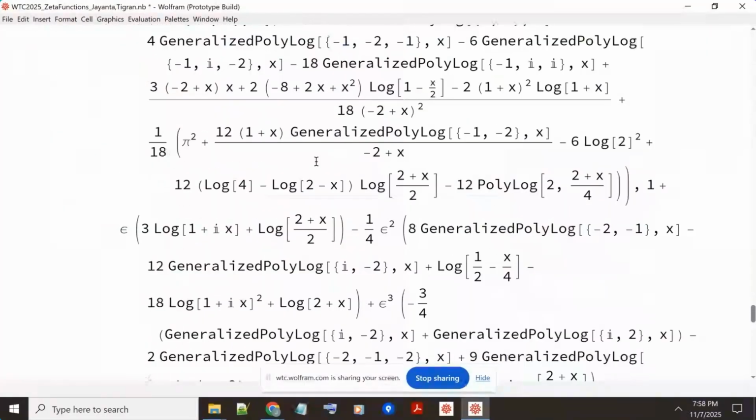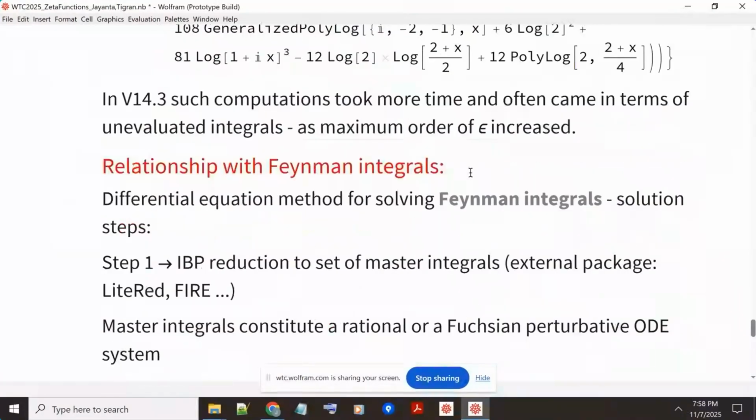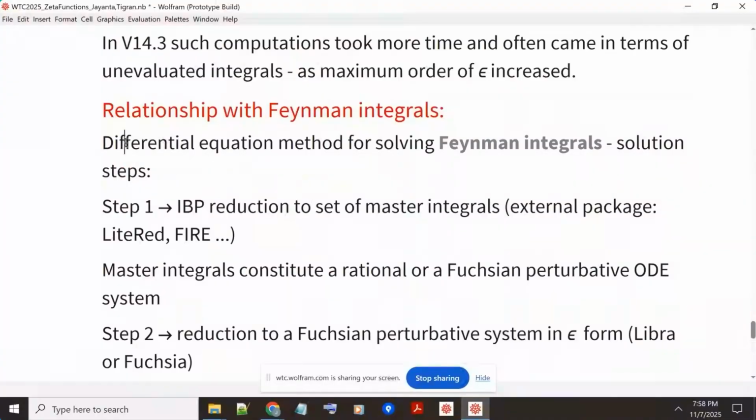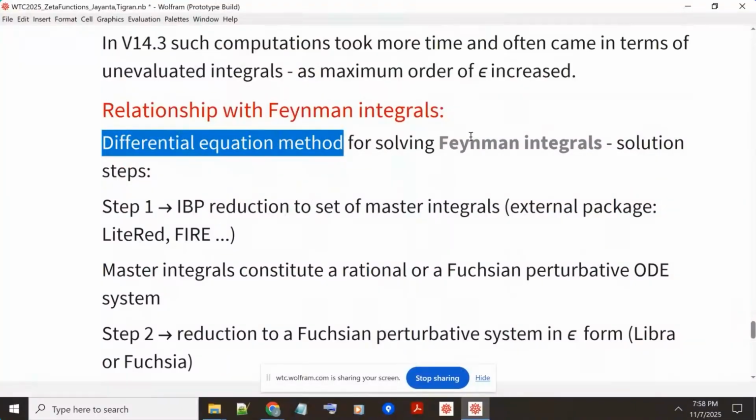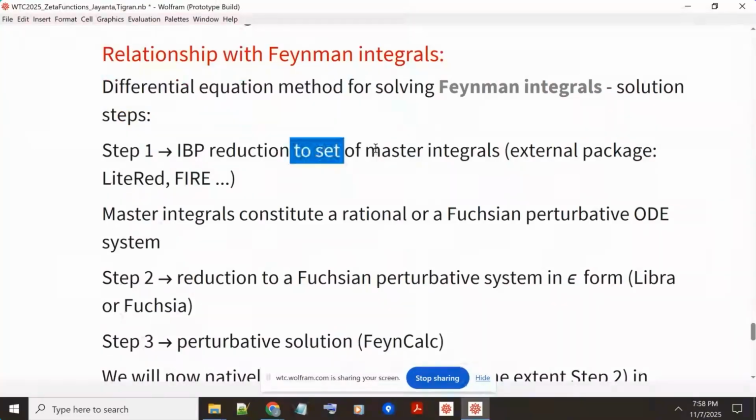So to show the relationship with Feynman integrals, there is a method called the differential equation method for solving Feynman integrals, and it has some steps. Step one is that we reduce the integral to a set of master integrals using integration by parts, and there are some external packages for this.